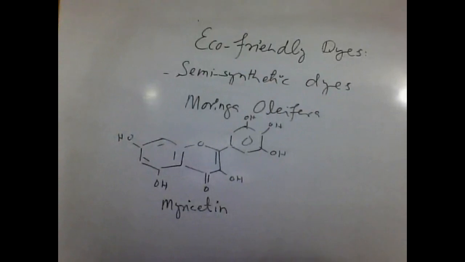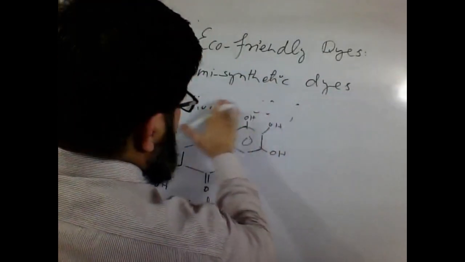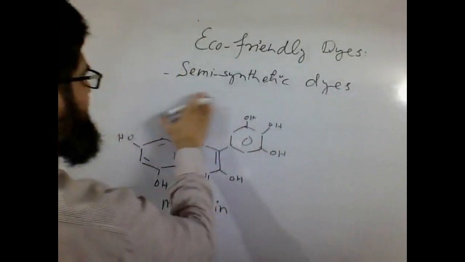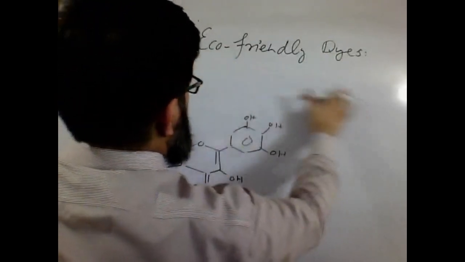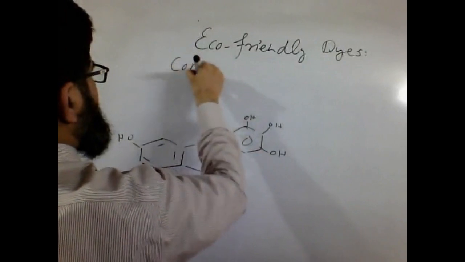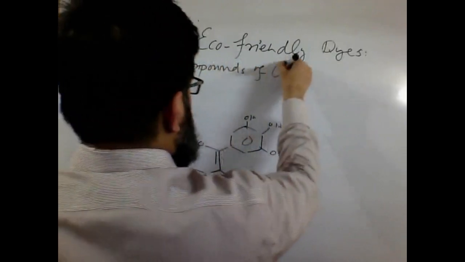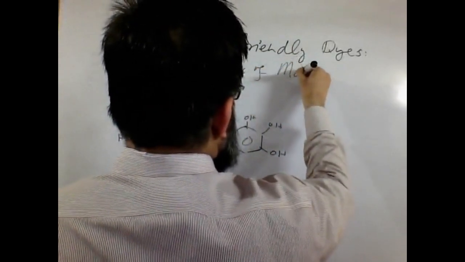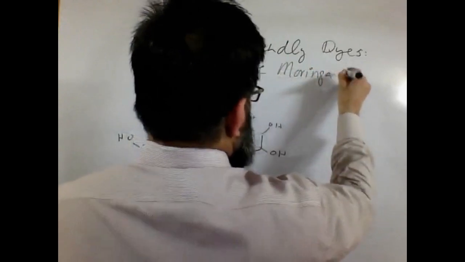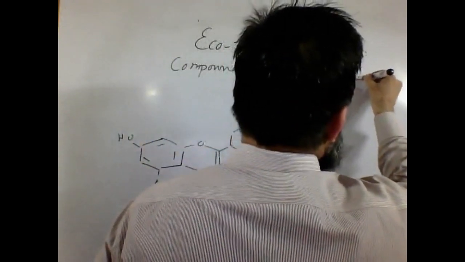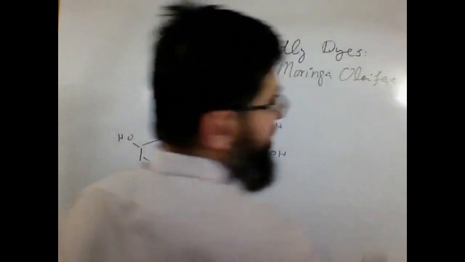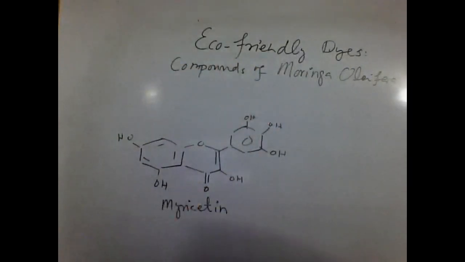This compound is called myricetin, available in Moringa oleifera. I would write here the compounds of Moringa oleifera, one of them called myricetin. It is frequently available, and then the next is quercetin.